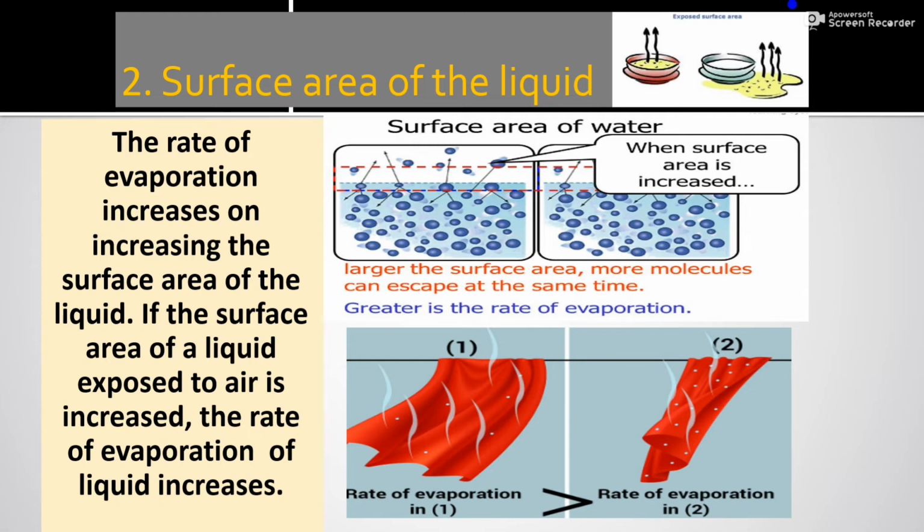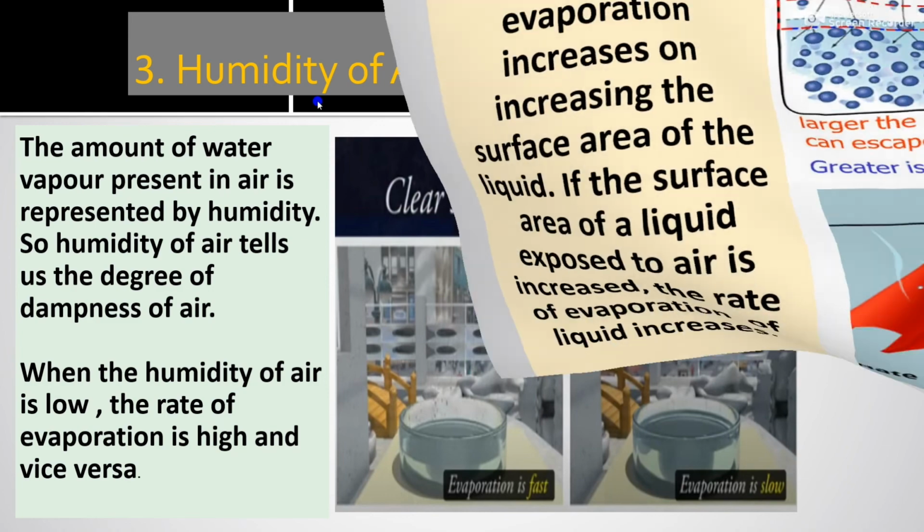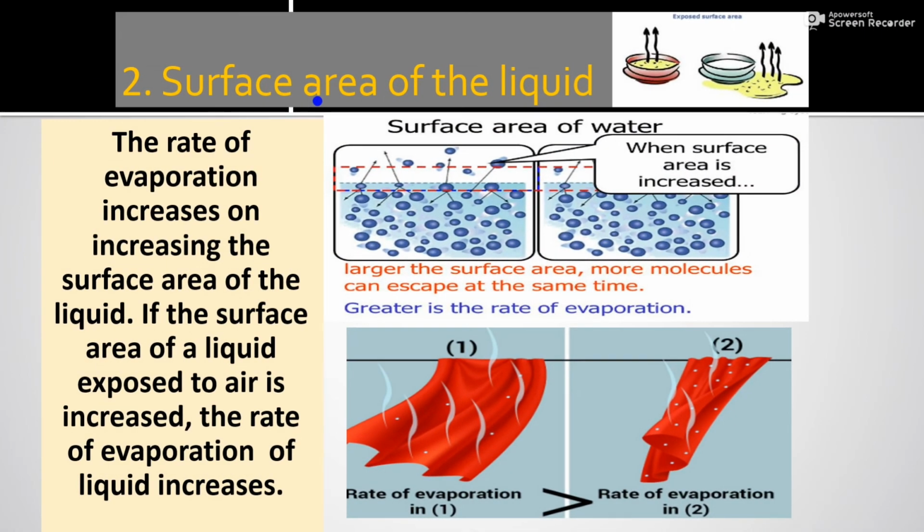If the surface area of a liquid exposed to air is increased, then the rate of evaporation also increases. Here you can see that when you put a wet cloth by unfolding it, the surface area increases, so it becomes dry sooner.